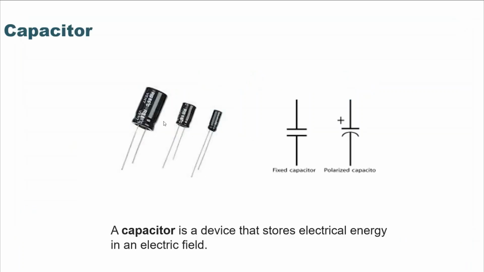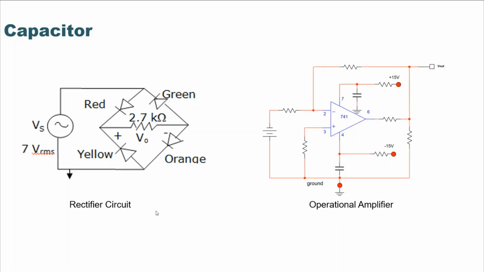In a previous lab, we already talked about capacitors, which are devices that store electrical energy in an electric field. We used capacitors in our rectifier circuits and also the operational amplifier circuits.